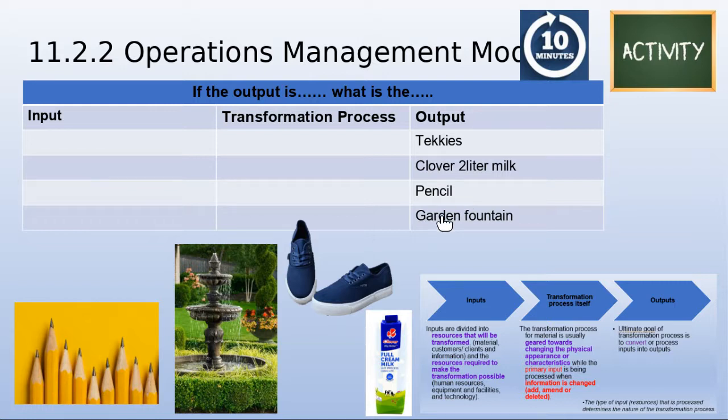I'm going to give you 10 minutes for this activity. Quickly make a list of all the resources that we'll need in the inputs. What will be the transformation process? And then obviously we'll have the finished product. So 10 minutes, and then we will discuss the inputs and the transformation process.